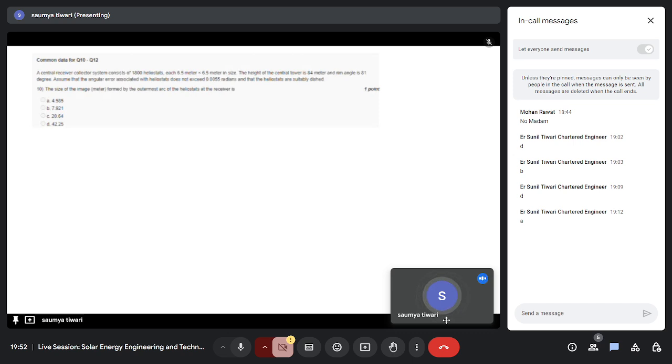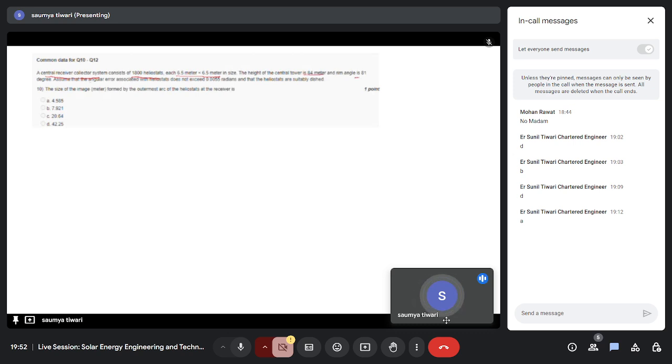A central receiver collector system consists of 1800 heliostats, each of 6.5 meter cross 6.5 meter in size. The height of the central tower is given, 84 meter, and the rim angle is given, 81 degree.